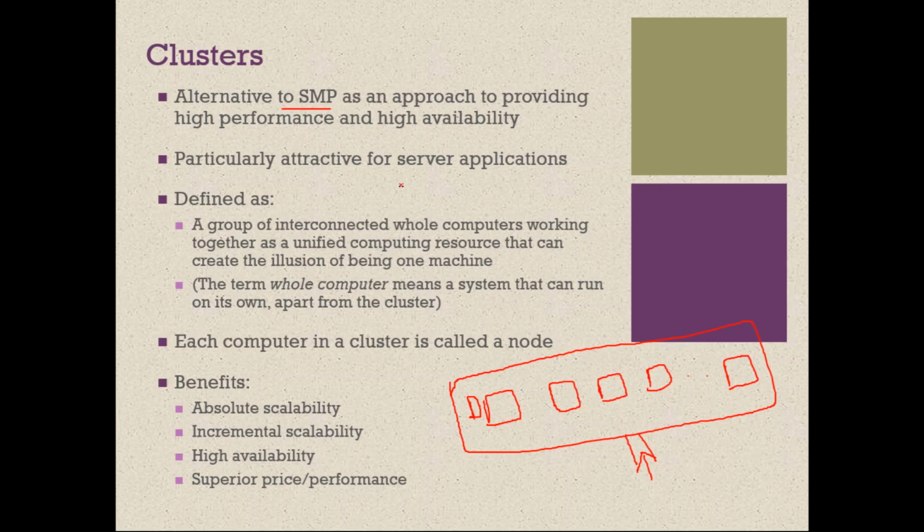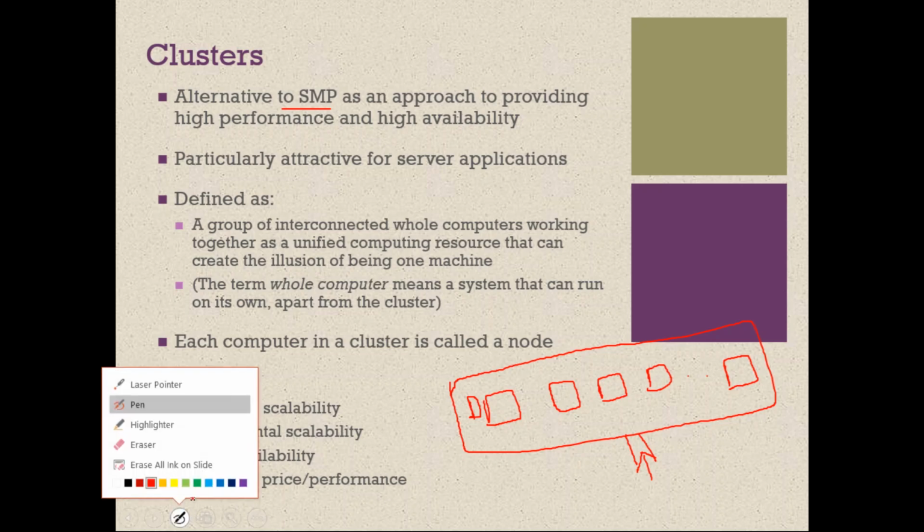But in a cluster, that is not the case. You will have individual standalone computers. Every computer will have its own IO devices, memory, hard disk, etc. But we form them as a group, and they work together, and it provides an illusion to the user as if it is a single machine.